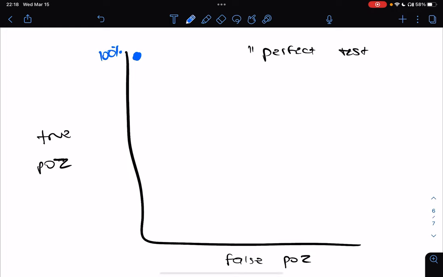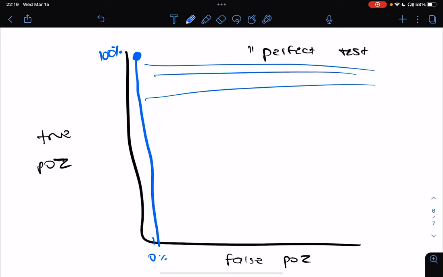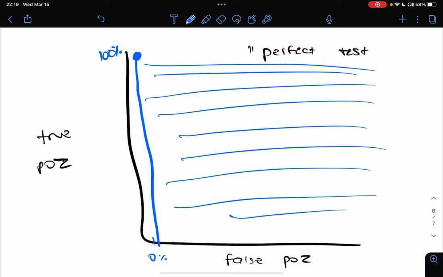Because it's true 100% of the time and it's false 0% of the time. My test would basically just be a straight line. And so the area under the curve would basically be everything. And my AUC would be 1.0.